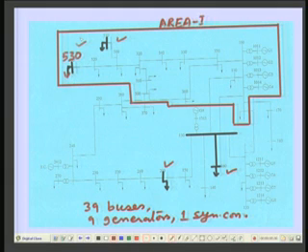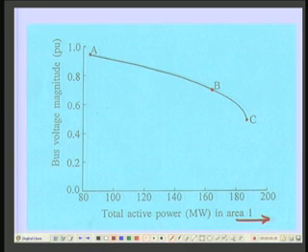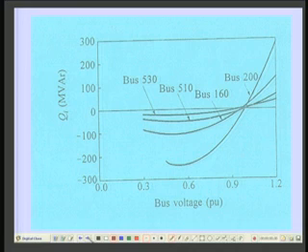Now, for generating this QV curve, again 3 different loading conditions are considered. One corresponds to the point A, which is shown here, another corresponds to point B, and the third corresponds to the critical point C in the system. For the point A, which is the normal operating condition, the QV curves plotted are shown here.